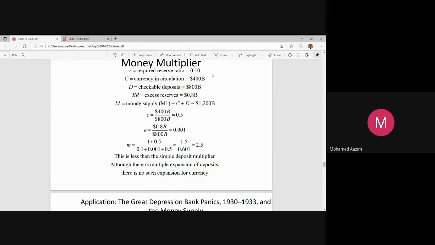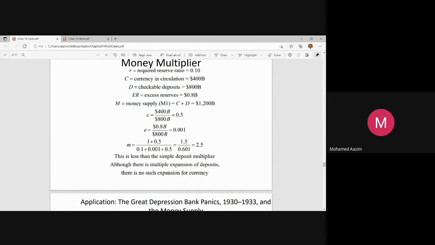Okay. So here they have given it, we just plug it into the equation: 0.1 plus the excess reserve ratio, small e, that we derived as 0.001, plus small c, the currency ratio, 0.5. Adding all this together, it is 0.601.